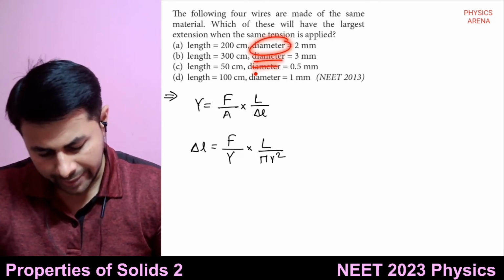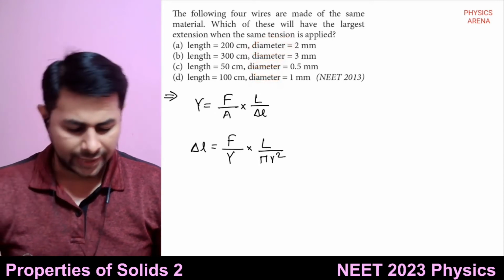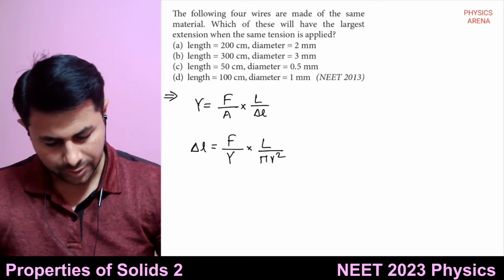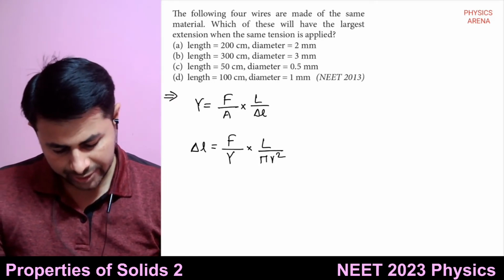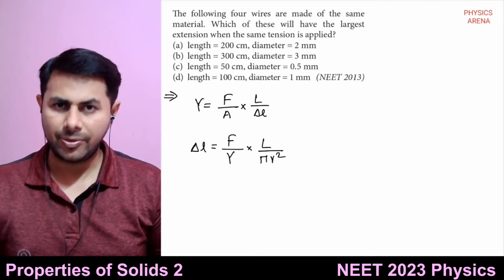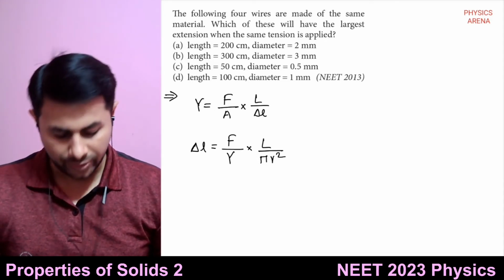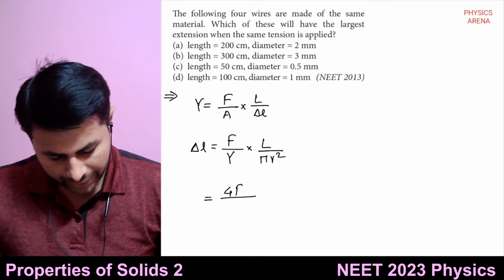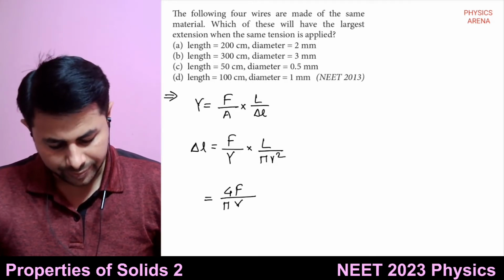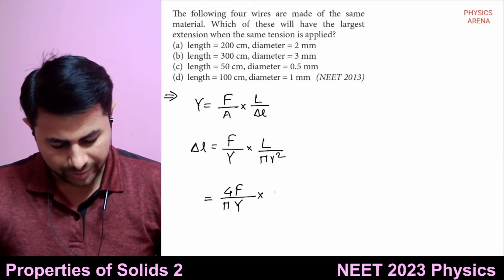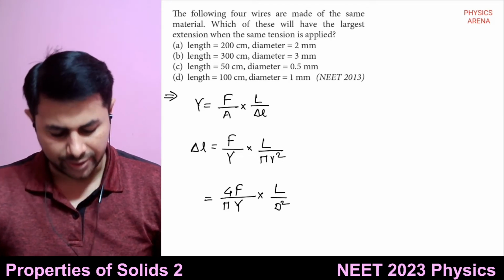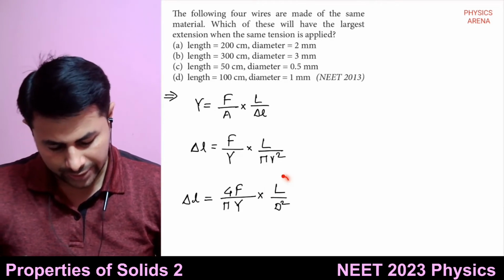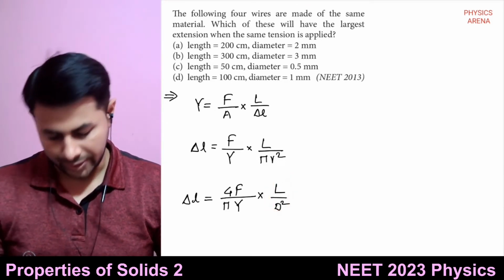We have diameters in the options, so we'll adjust diameter there. We want diameter square, so we'll multiply this r square by 4 and divide by 4. So this is equal to 4F upon pi Y, a constant, multiplied by L upon diameter square. So delta L is directly proportional to length, inversely proportional to d square.